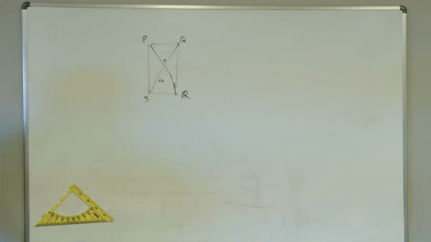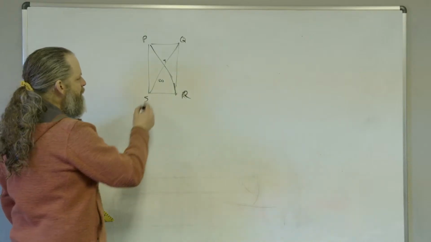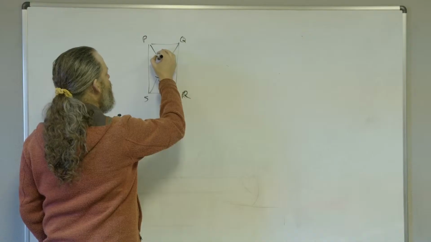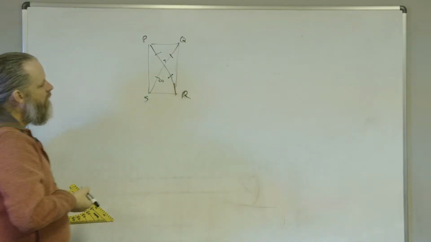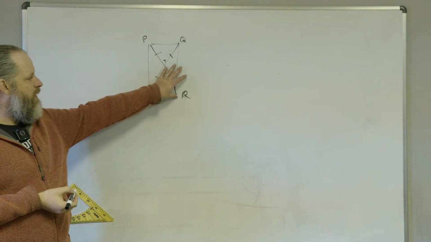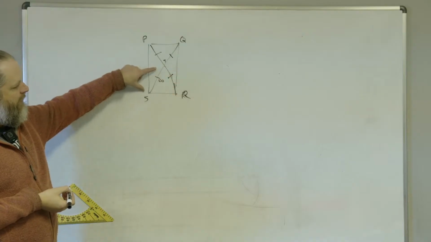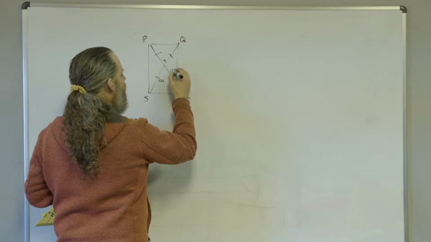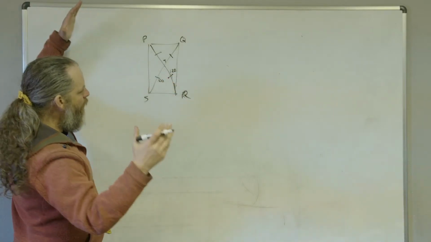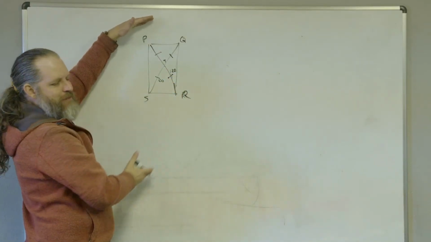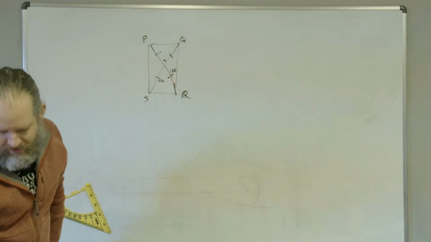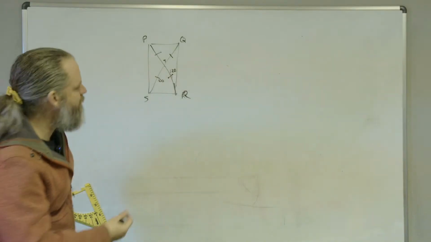They're also congruent, right? So this is congruent to this, is congruent to this, is congruent to this. So PR is over here, but we know this one. If this one is 120, then this one is also 120. And if this one's 120, then the whole thing is how big? 240.